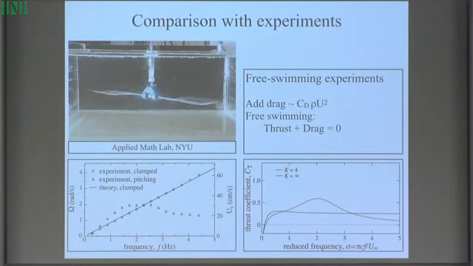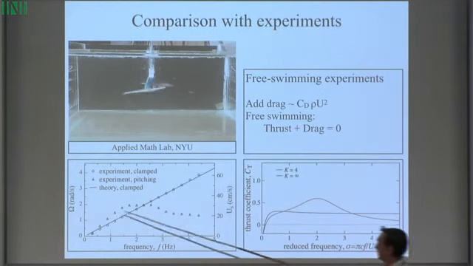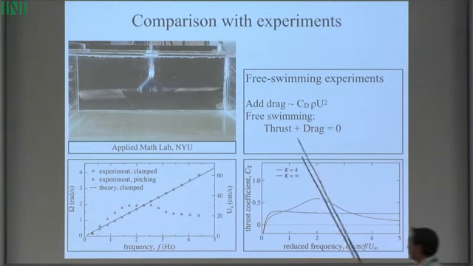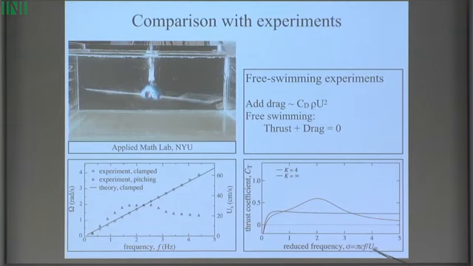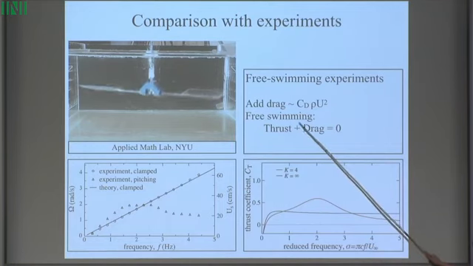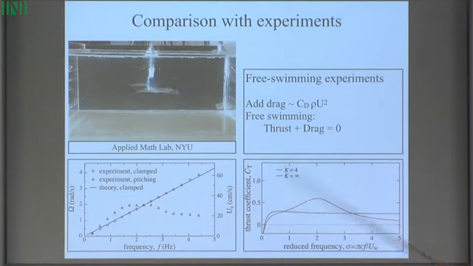The way I determine the free swimming speed of this guy is to find the speed, which appears in the dimensionless reduced frequency, that gives me a thrust balance, where thrust balances drag. So on the picture, it would be right here. That sets some of the parameters. In the theory, it sets the sigma directly, from which you could back out the free swimming speed. Yeah.